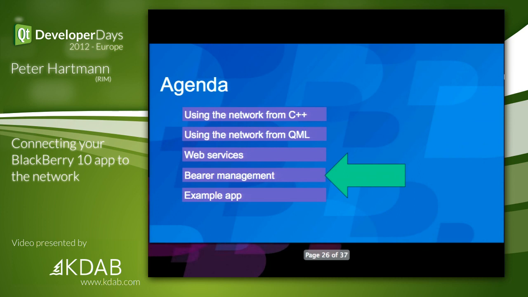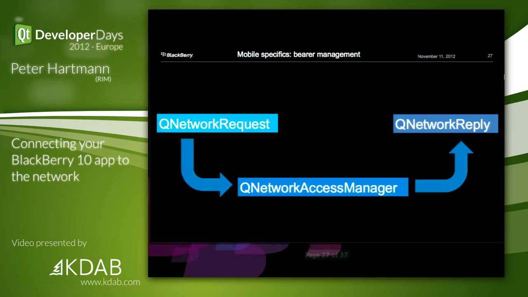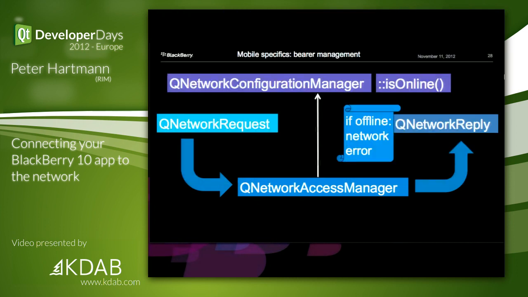Now, bearer management. What is bearer management? Again, back to the initial diagram. You have the request, the manager, and the reply. But usually before you send the request, you want to check whether you're actually online. And you can do that with the top class that you see, the QNetworkConfigurationManager. You can ask it whether you're online or not.